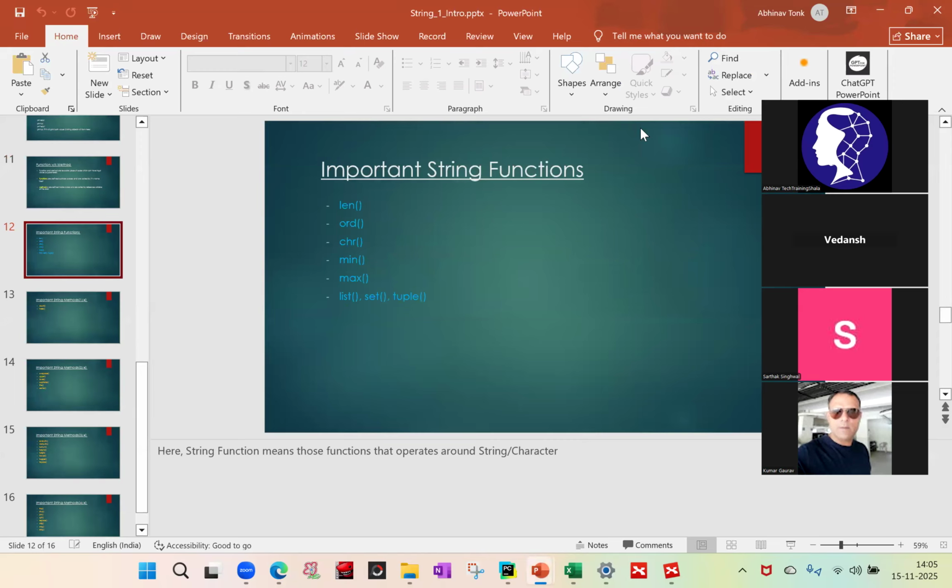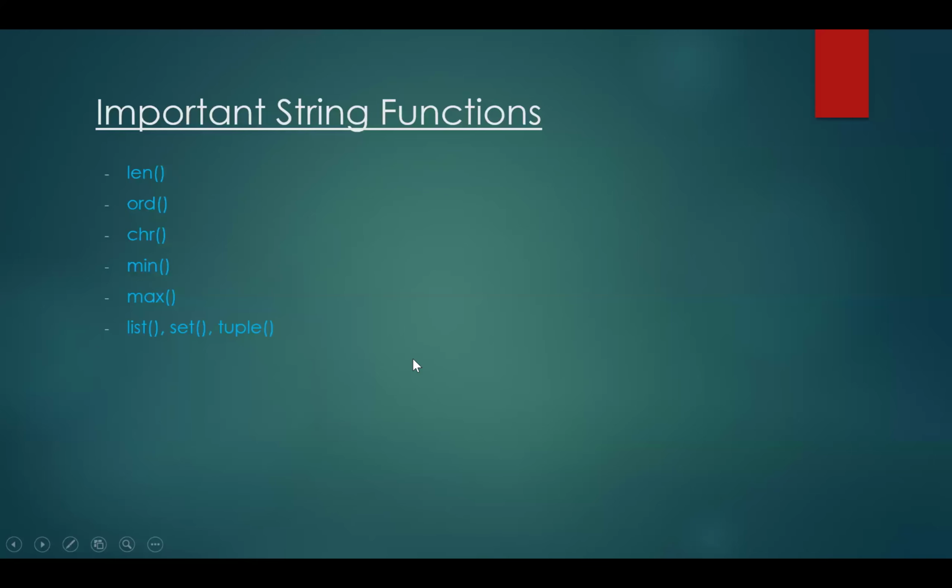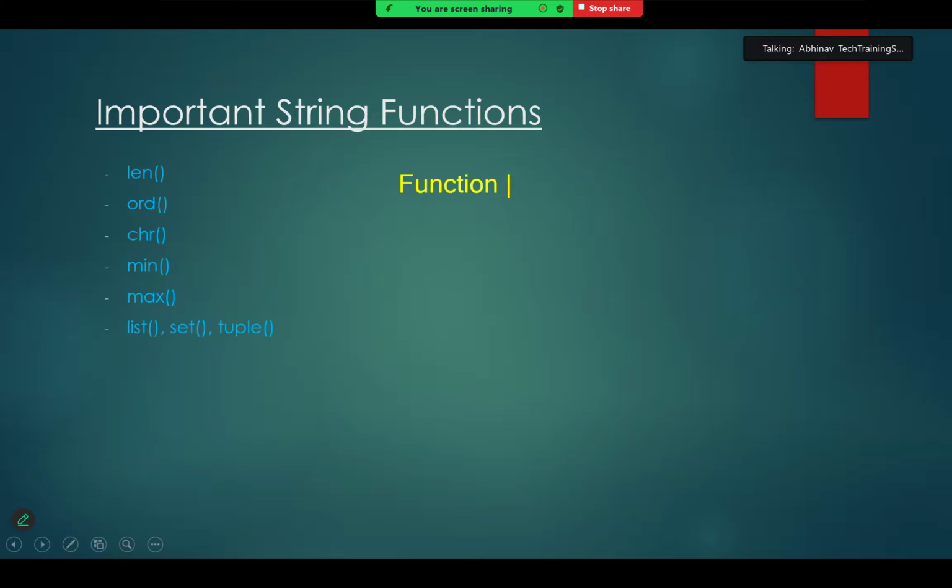Important string functions. Did I cover this in the last session? No, I believe. I was about to start these. So, as I already told you, there is a difference between functions and methods.